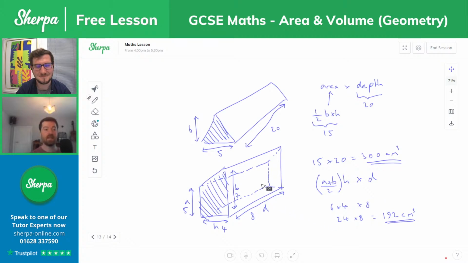So it's the same for any prism that we have. All we really care about is the area of the base of our prism, and then we just times it by the depth of our prism. It's the same as when we calculate the volume of a cube, for example. You can imagine we're basically taking the base layer of our cube, which for a 3 by 3 cube looks something like this.